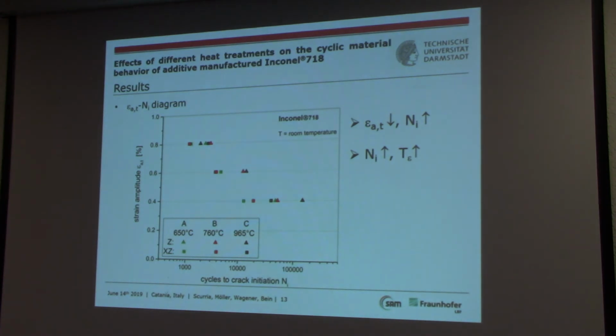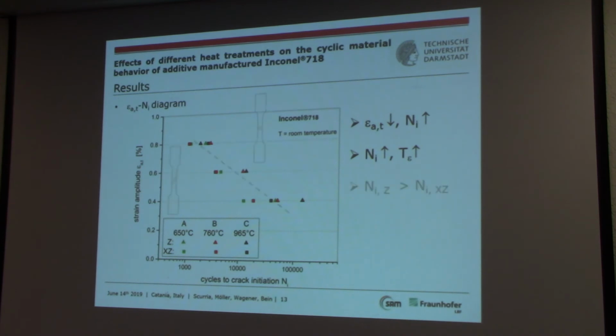But let's go to the strain-life curves. I just want to point out that this is variable amplitude loading testing, so it's not constant. What we can see anyway is that with the decrease of the strain amplitude of the test, we of course have an increase in the number of cycles to crack initiation, and also an increase of the scatter band as we go to lower values of the strain amplitude. This is also as expected.